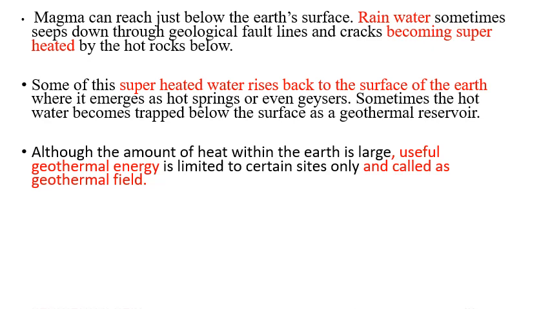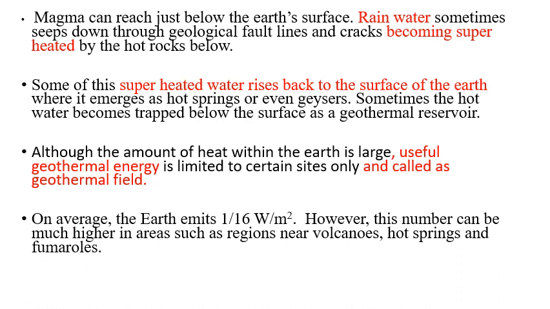Although the amount of heat within the earth is large, useful geothermal energy is limited to certain sites only, and those areas are called geothermal fields. Wherever I get hot water, I cannot consider it a geothermal field. Only those having useful energy that can be utilized effectively are called geothermal fields. On average, the earth emits 1 by 16 watt per meter square.